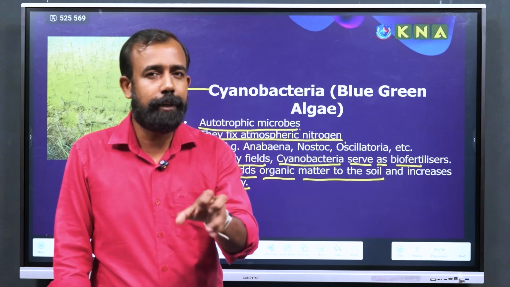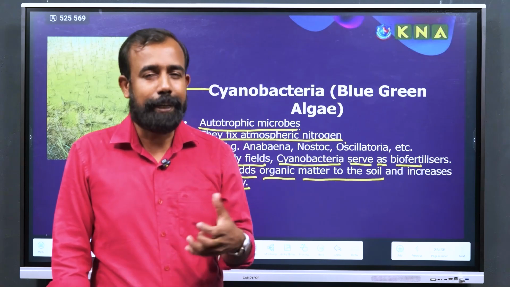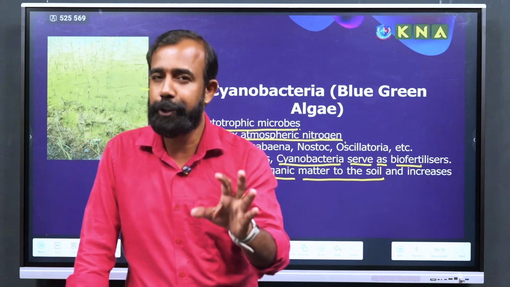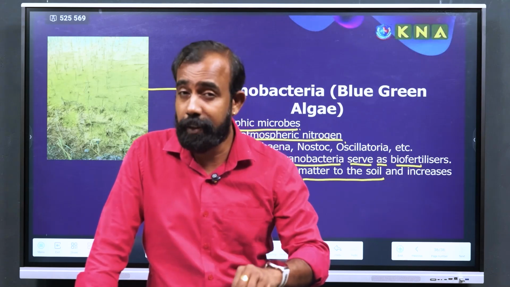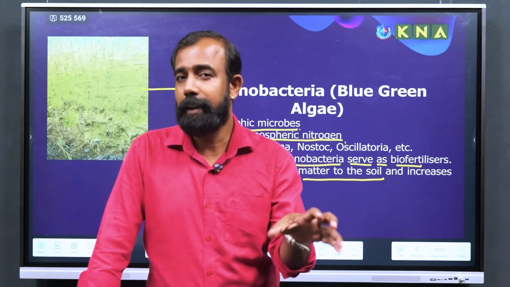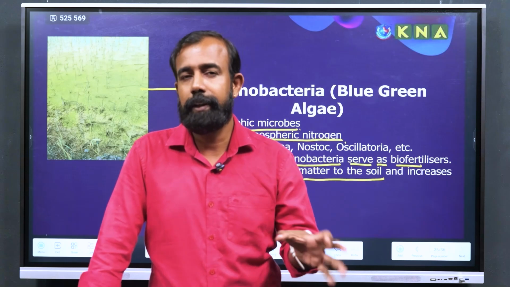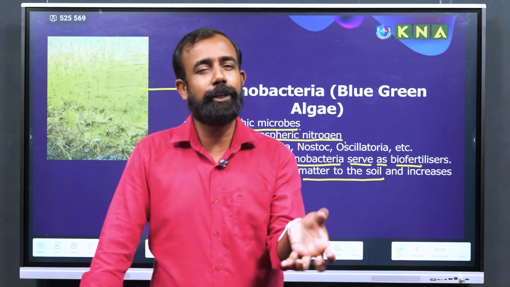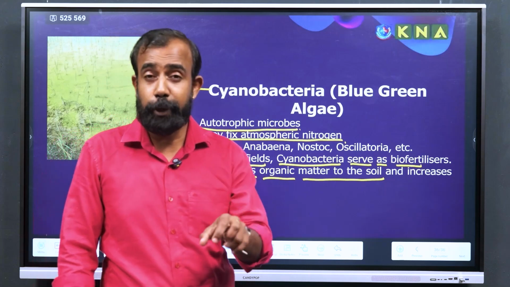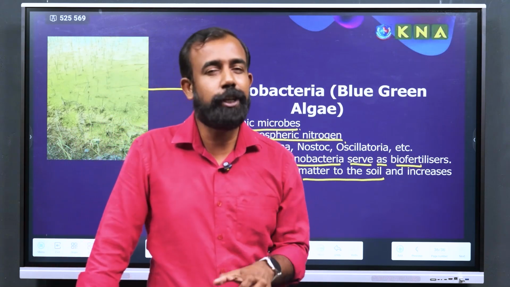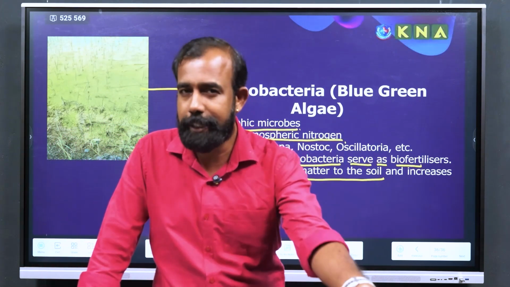Clear? Next, industrial purposes: Saccharomyces cerevisiae for fermented beverages. Then antibiotics. The first antibiotic is penicillin, discovered by Alexander Fleming. Next are some organic acids. Aspergillus niger produces citric acid. Acetobacter aceti produces acetic acid. Clostridium butylicum produces butyric acid.